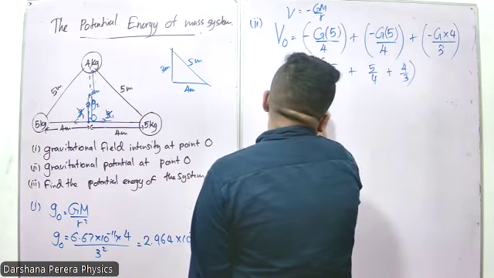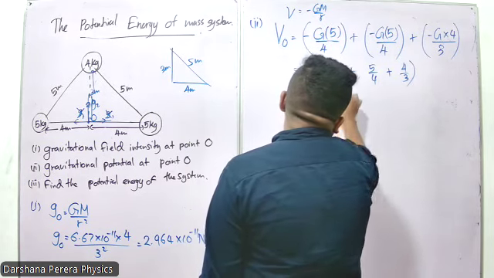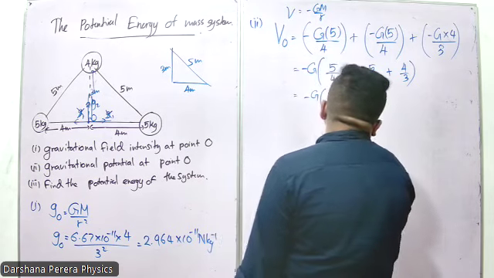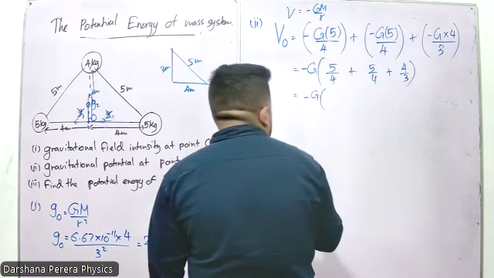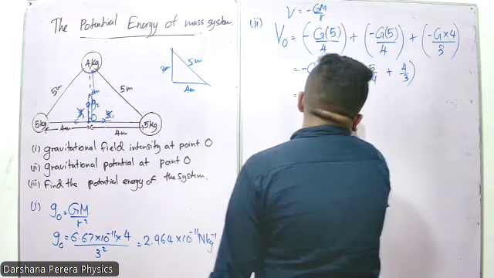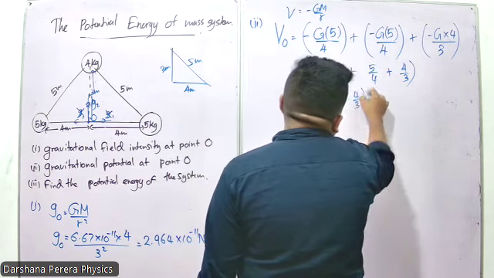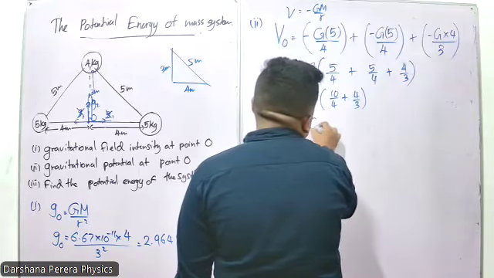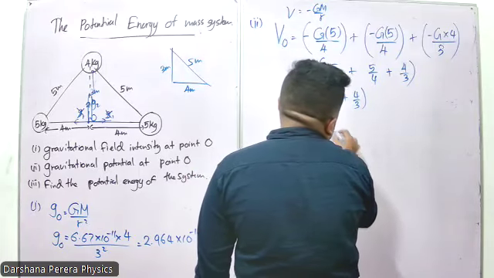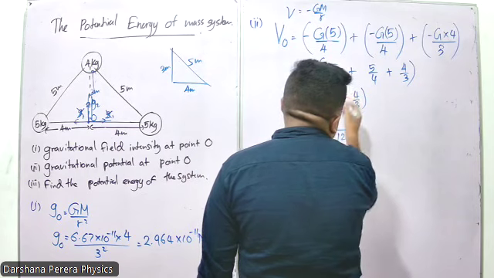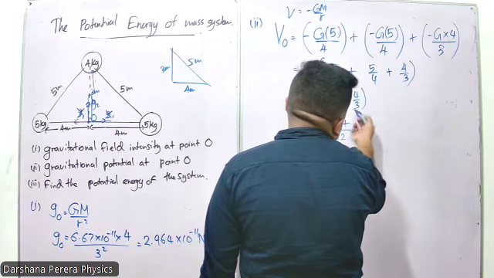Then minus G, 5 into 5 is 10 over 4, and 4 over 3. Therefore minus G, I have to take the common 12. So 30 plus 60.